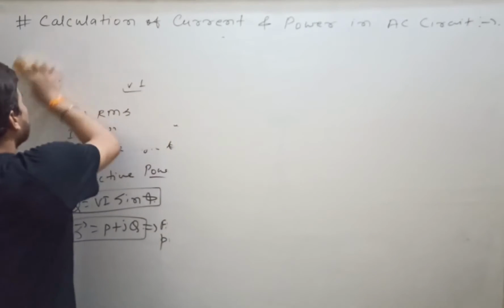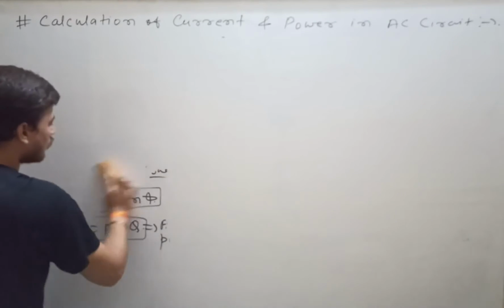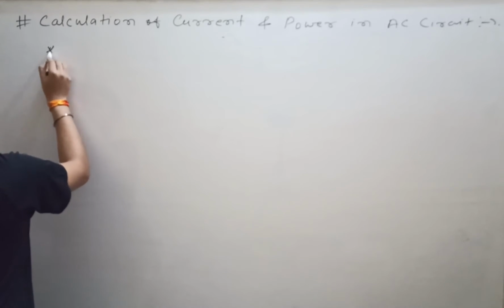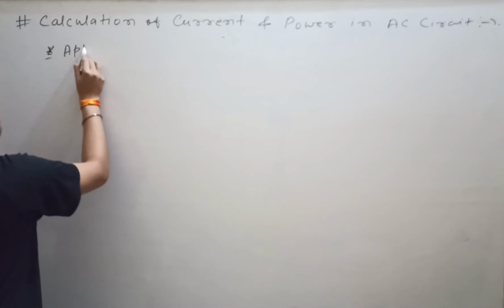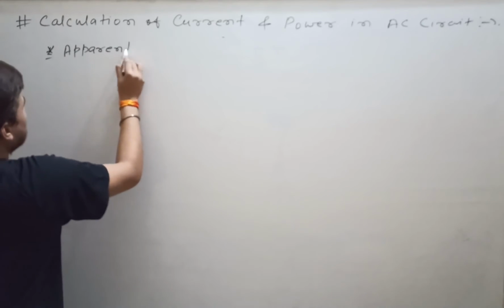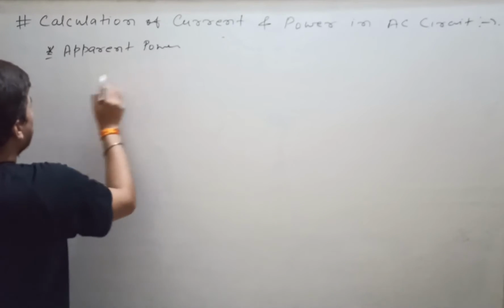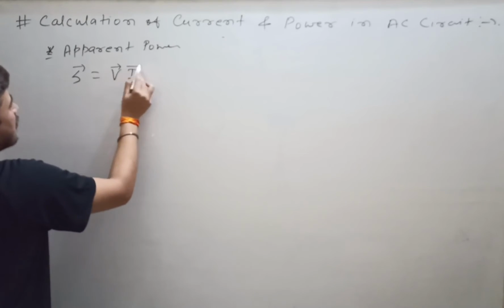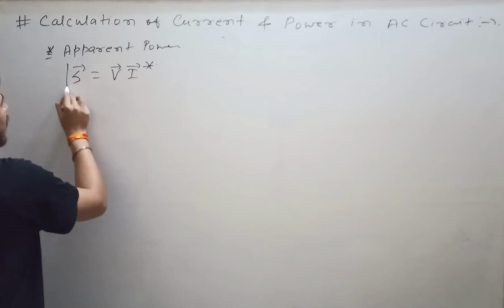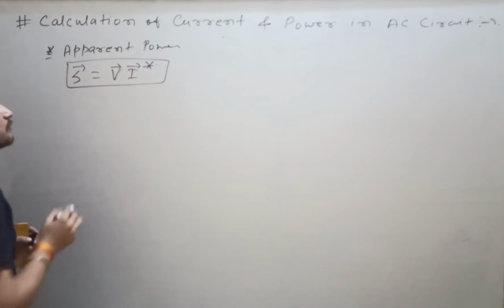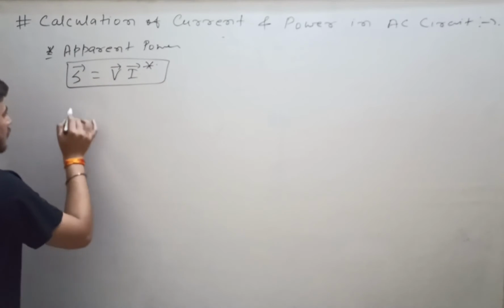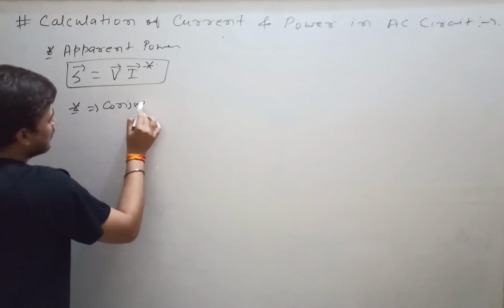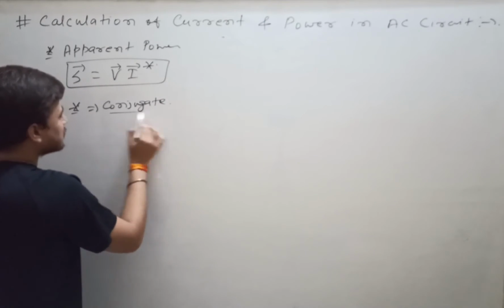Clear? So let us see one more formula of power. You will see that apparent power S will be written as VI star. So what is the meaning of VI star? Star means conjugate of the complex quantity.